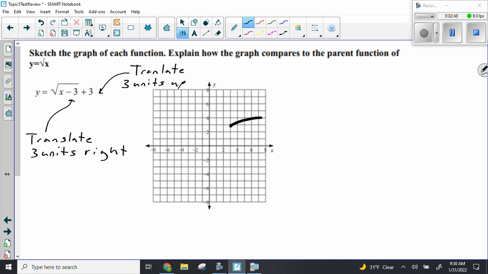And it's going to look approximately like that. And there we go. We have graphed it, and we have described the translation of the graph from the function f of x equals root x to f of x equals the square root of the quantity x minus 3, plus 3. Let's do another one.